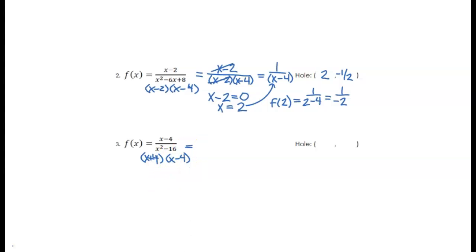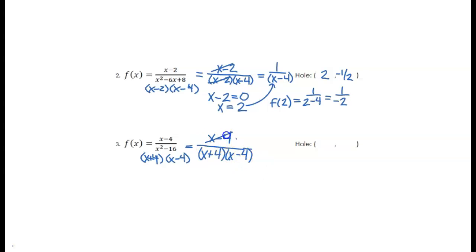So I'm going to rewrite, because it's a good habit to kind of write a clean version. X minus 4 over x plus 4 times x minus 4. And it doesn't matter what order you write those in. Does it? What cancels?